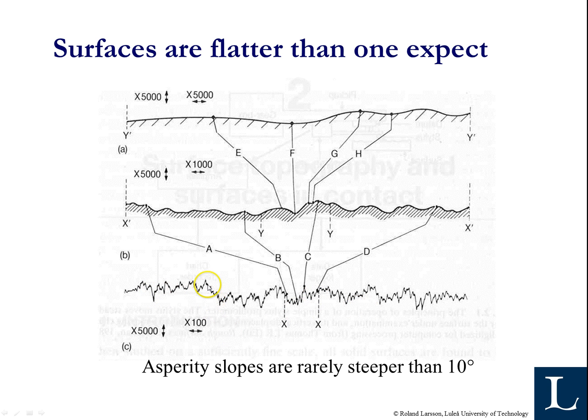If you use the same scaling in both directions, the surface looks like this. This is a more normal appearance of the surface roughness. So maybe we should say that putting two surfaces together is like putting Sweden in contact with Finland, or Belgium in contact with the Netherlands instead. That is because the asperity slopes are rarely steeper than 10 degrees, more often closer to 1 degree, especially after they have been used for a while and run in, when you cut off the very sharp asperities.